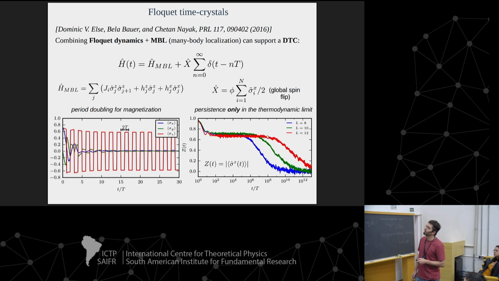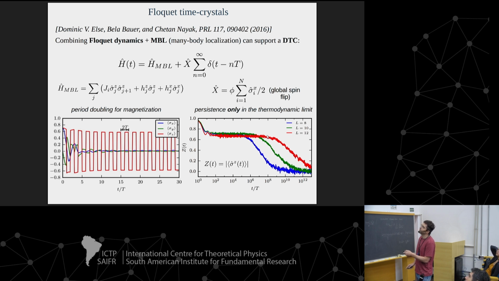If you look at the absolute value of this magnetization, of course for a finite system, you're going to thermalize at some point. So if you look at the absolute value, it has this plateau. It's where the period doubling is appearing here. But then at some point this plateau starts to decay, your spins start to dephase with each other, and then it goes to zero, to an infinite temperature thermal state.